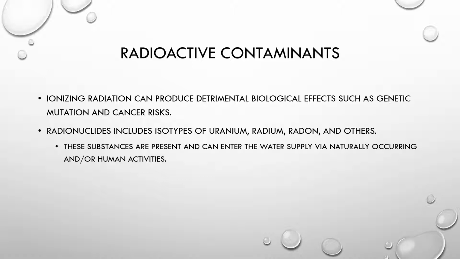A lot of the radioactive contaminants in the water take the form of radionuclides, which include isotopes of uranium, radium, radon, and others. These substances can enter the water supply via naturally occurring processes or human activities.